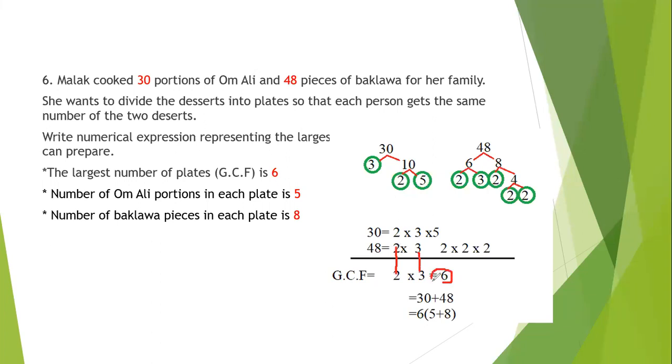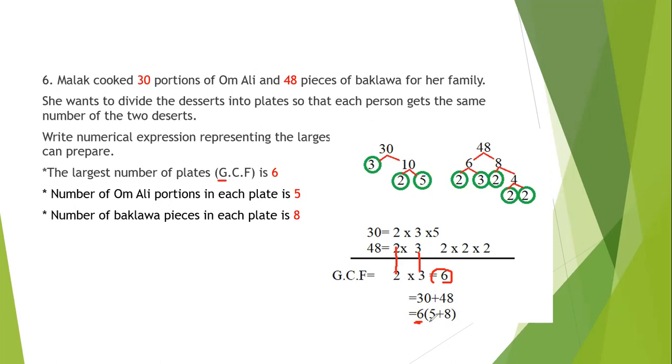So this is the greatest number of plates Malak can prepare. G for greatest, the greatest number of plates she can do. So what is the number of Ali and baklawa in each plate? Let's write down the number of plates, then divide. 30 divided by 6 equals 5. 48 divided by 6 equals 8.